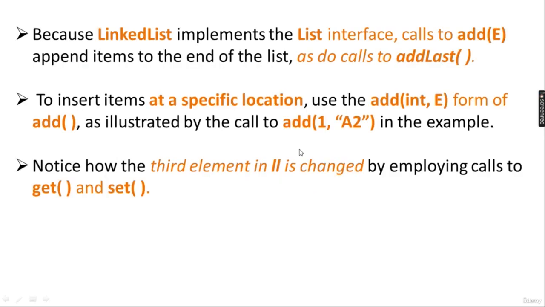Because LinkedList implements the List interface, calls to add(E) append items to the end of the list, as do calls to addLast. To insert items at a specific location, use the add(int, E) form of add, as illustrated by the call add(1, A2). What does this function do? At a particular location, it adds a new element.